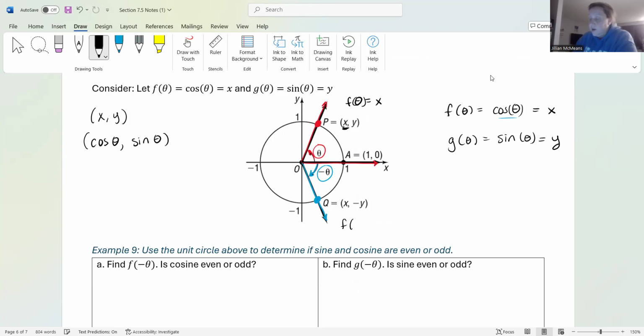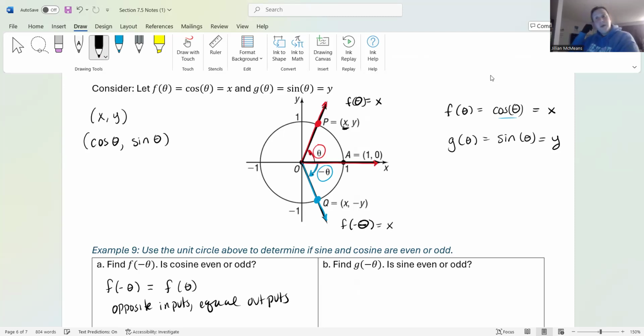When we look at f of negative theta, we also get x. So what we can say is f of negative theta equals f of theta. f of theta equals x, f of negative theta equals x. So we have opposite inputs, equal outputs.